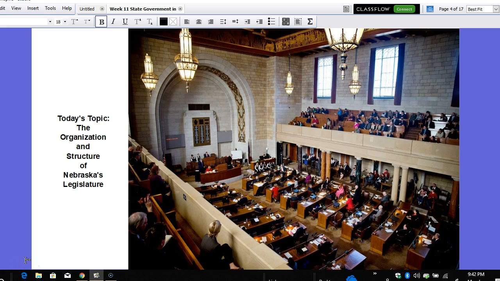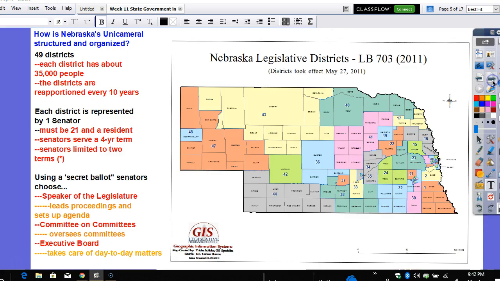Well, now that you're comfortable with the uniqueness of Nebraska's state legislature, let's spend some time today looking at the organization and the structure of our state legislature. Our unicameral is organized into 49 districts.